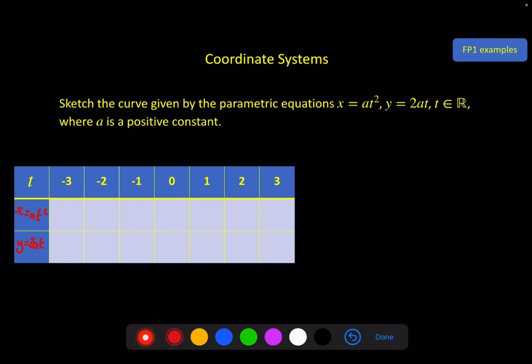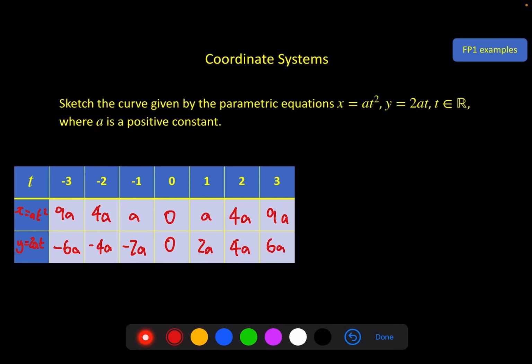So when t is minus 3, here we've got a 9a and a 4a, 1a, 0, 4a and 9a, and then the y coordinate minus 6a, minus 4a, minus 2a, 0, 2a, 4a and 6a.